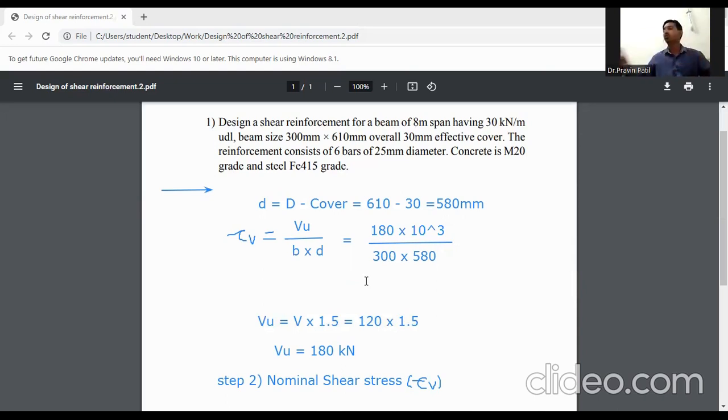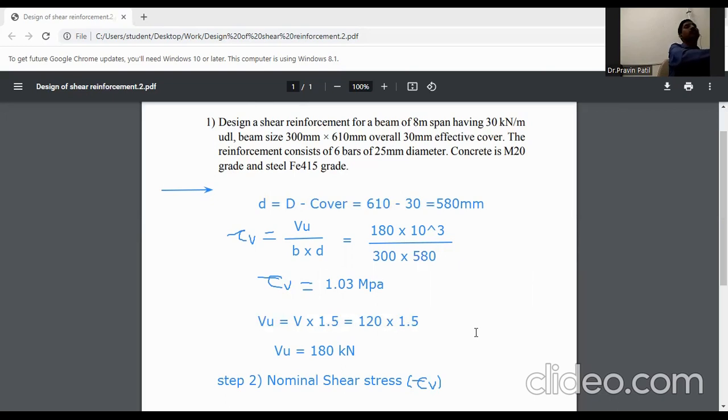It will be 1.03, so nominal shear stress, tau V, is equal to 1.03 MPa. I will note down this value also: d is equal to 580 and tau V is equal to 1.03 MPa.